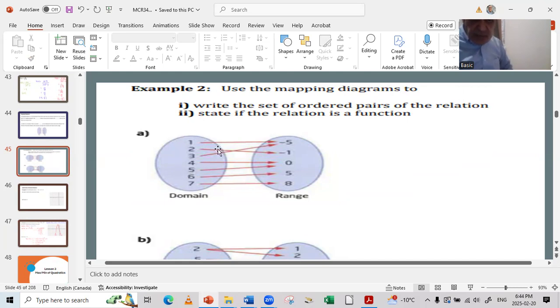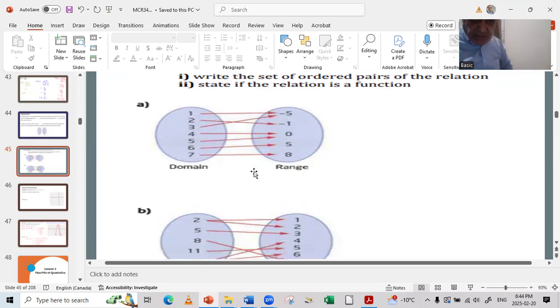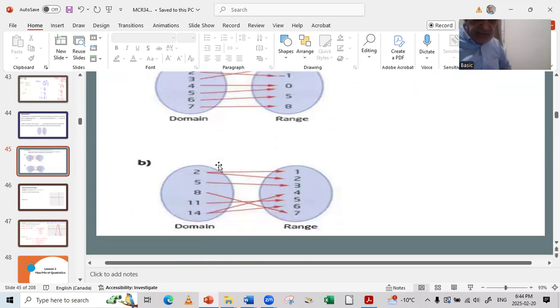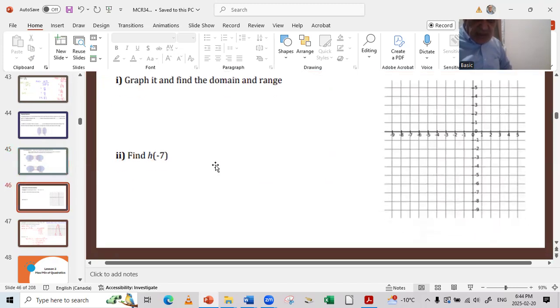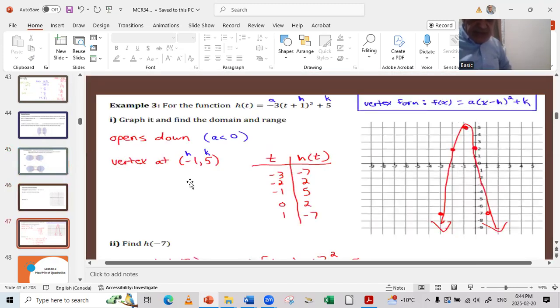Here 1 is going to 5 in the range y, and 3 is going to the same range value. But here 2 from the domain goes to 1 and 2. So the first one is a function, but the second one is not.